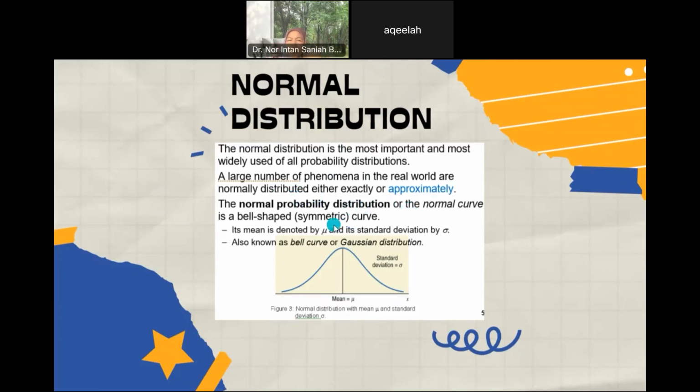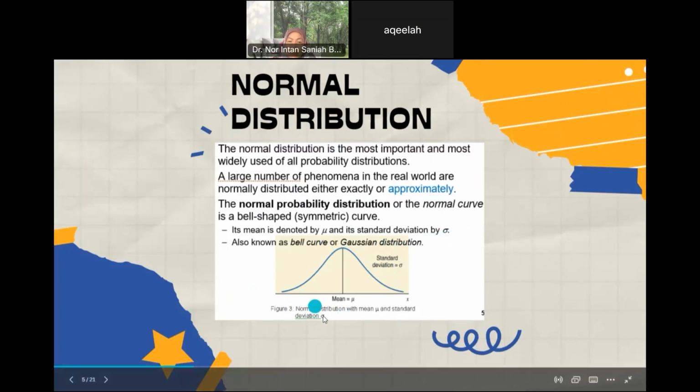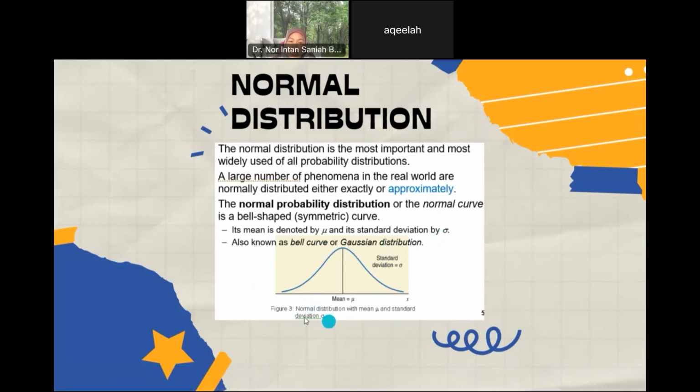For the normal probability distribution or the normal curve, we consider it as bell shaped, symmetric, or Gaussian distribution. Don't worry, we will not go into so much detail for this normal distribution. Normally the mean is denoted by mu and the standard deviation by sigma. So this is a normal bell curve, a normal distribution with a mean and standard deviation.